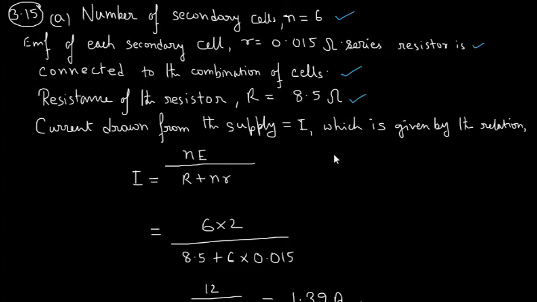Current drawn from the supply is equal to I, which is given by the relation I is equal to nE upon R plus nr. Putting the value of n, E, capital R, small r, we get 6 into 2, upon 8.5 plus 6 into 0.015.